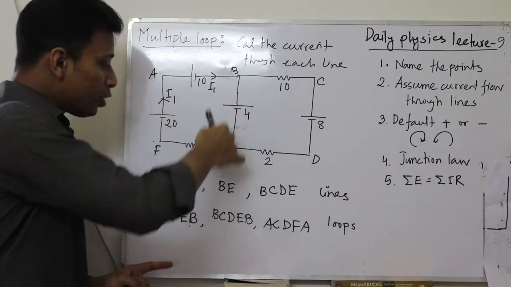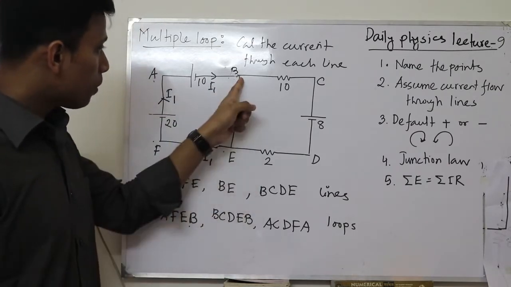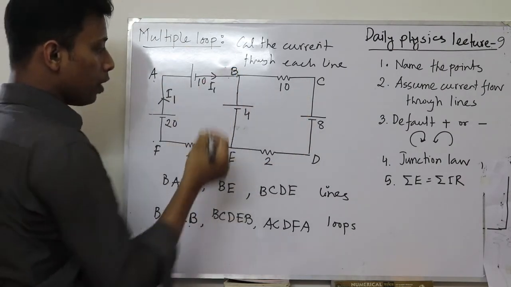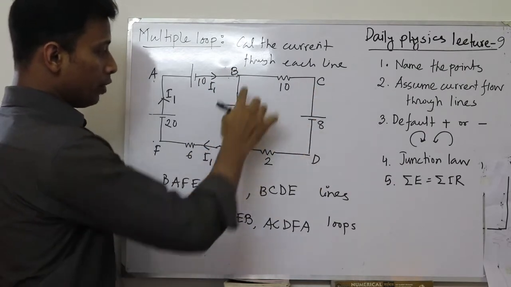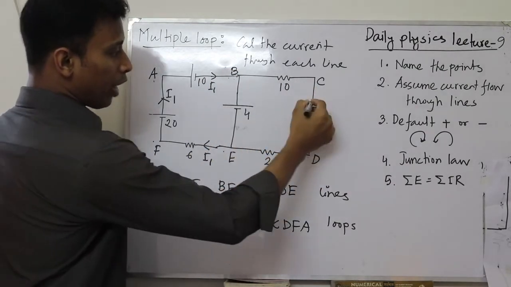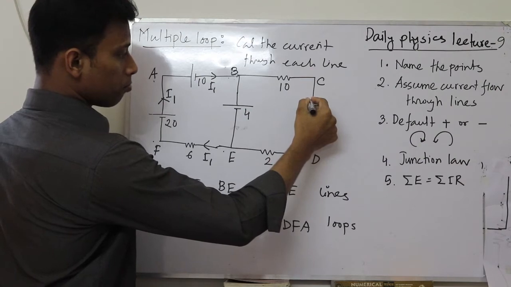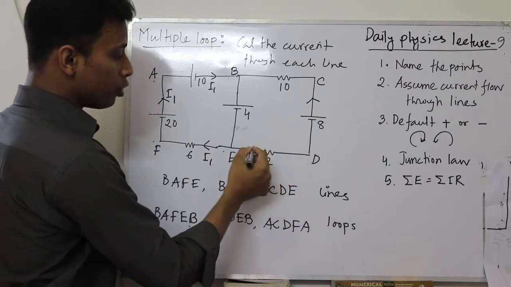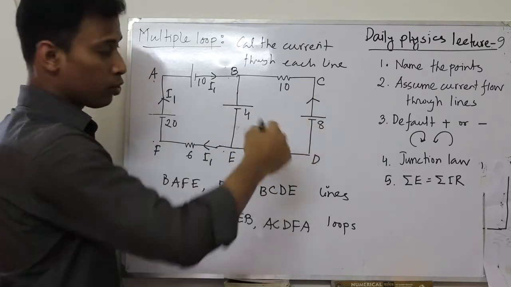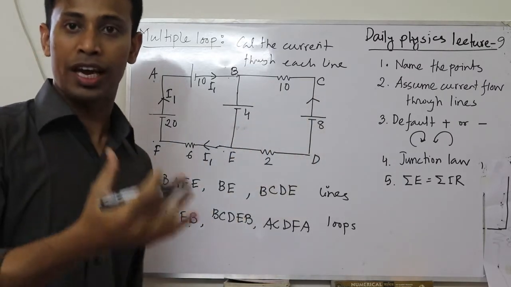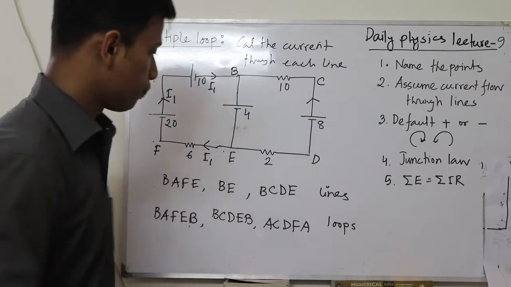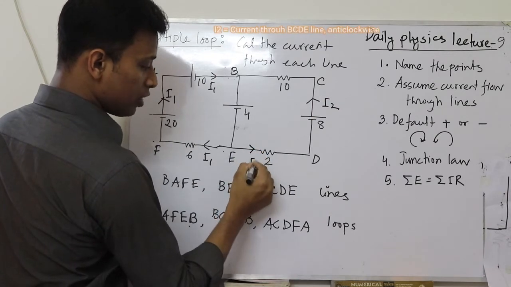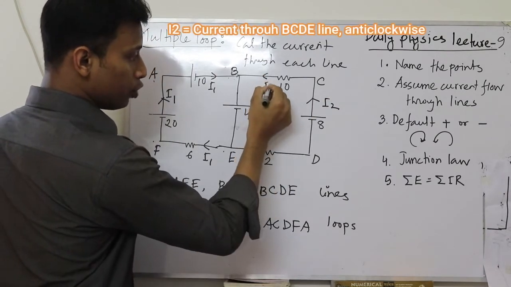What is the other line? B to E, and the third line B, C, D, E. Through this line, again I assume the direction as anti-clockwise. It's all about my assumption. You can assume it clockwise, it doesn't matter. I name it I2.